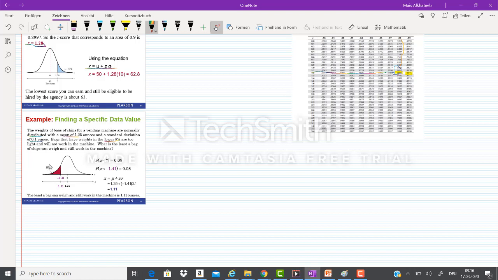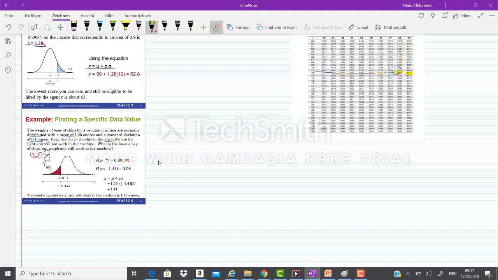Okay, then I have this 8%. If I want to enter it in the calculator, 8% we know is 0.08. We are now at 0.08. Then we use the calculator with shift and the parentheses. What do we add to it? We add two zeros to the value. Now we look for the value 0.0800.